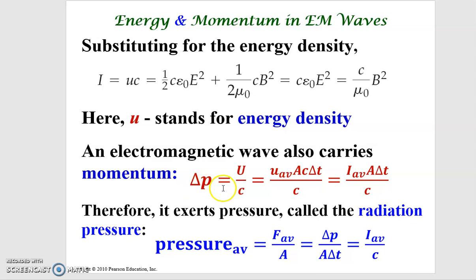The momentum is related to the total energy divided by C, but eventually they can be rewritten in terms of the intensity. And finally, there is the pressure exerted on the cross-section area A, and the average pressure can also be expressed in terms of the intensity divided by the speed of light.